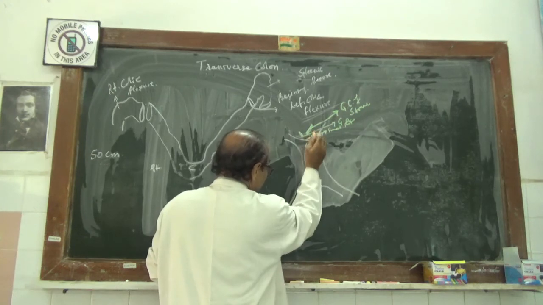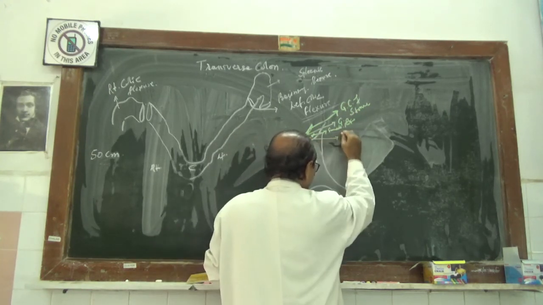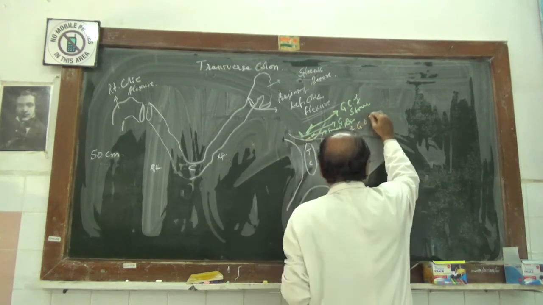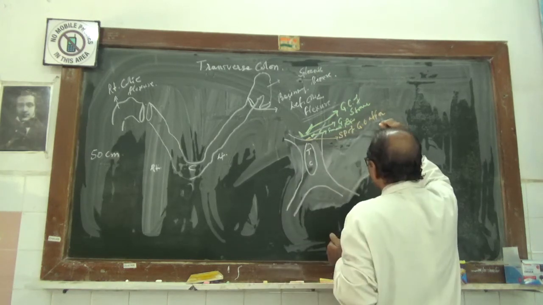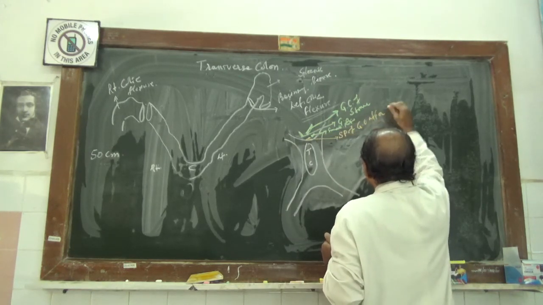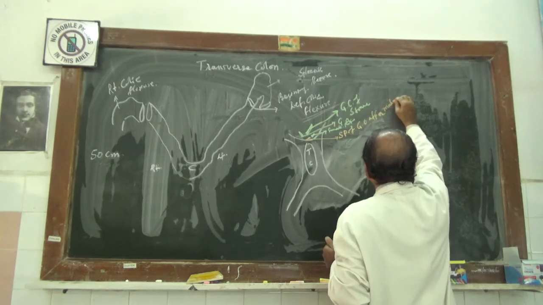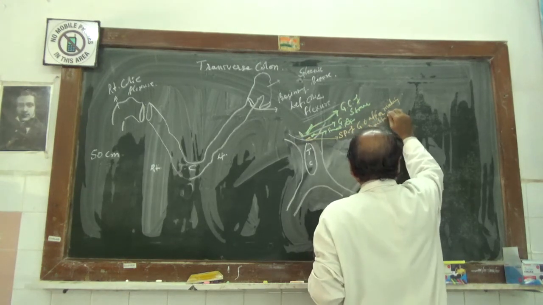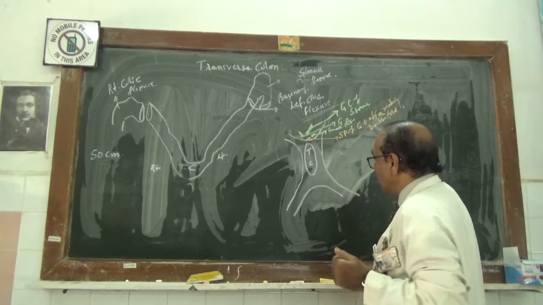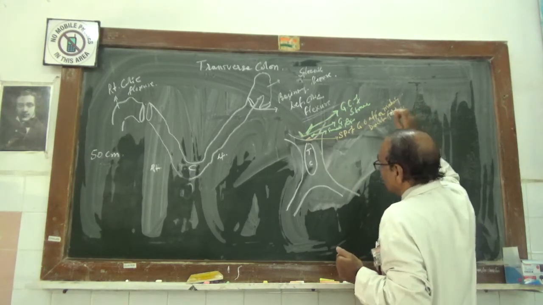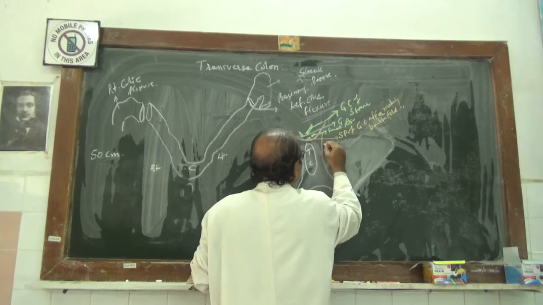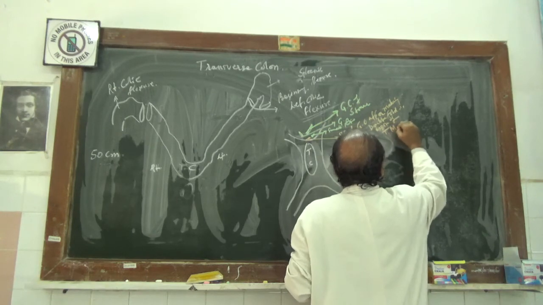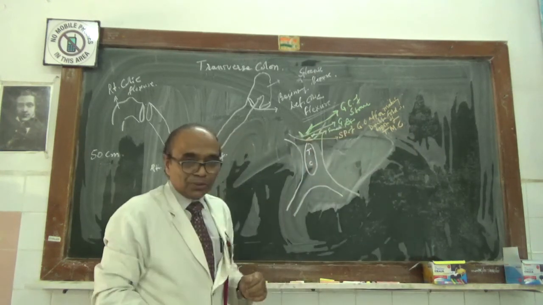Now this is called the remaining part, that is the superior part of the greater omentum, after making a double fold, which gives the beginning of the transverse mesocolon. So that part will come.